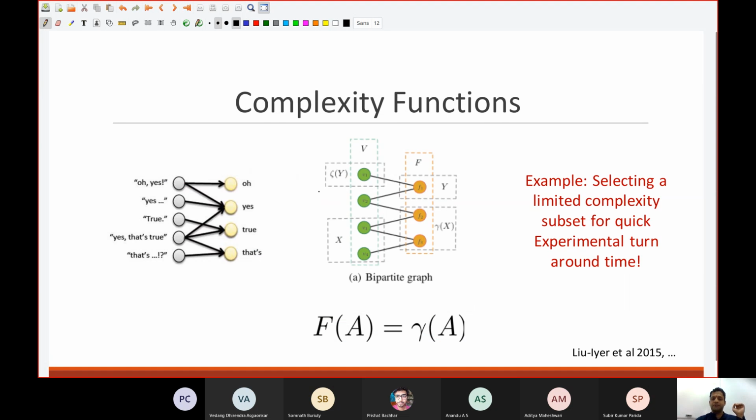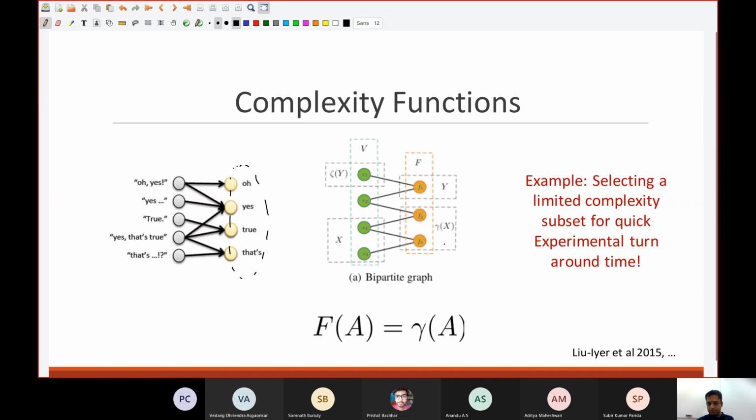Third example, complexity functions. As I said, you may often be interested in a low vocabulary. Let's say I want only 50 words in building my language model. What 50 words should I pick? So I can look at the notion of complexity.